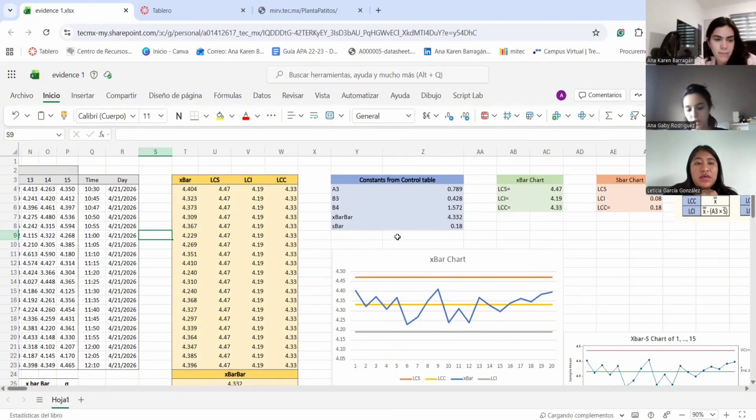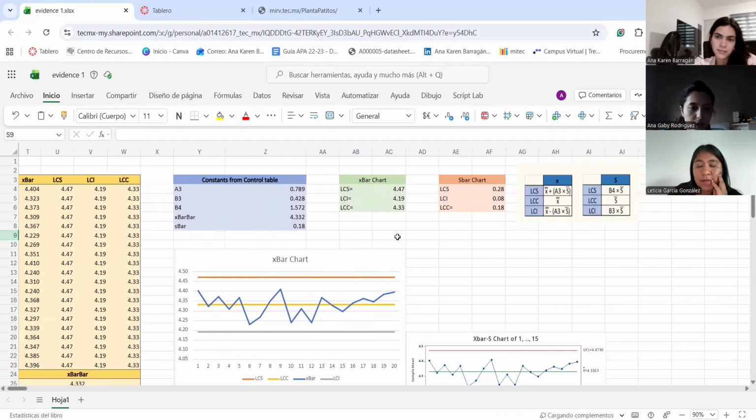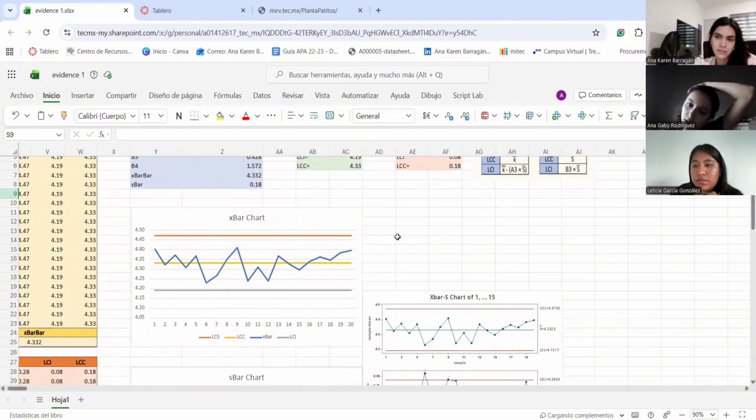The CP is more like how good the process is between the limits, and the other one focuses more on the center. So CP is how well the data would fit between the specification limits, and the CPK is how centered it is between the specification limits. And I think the CPK calculates the upper one and the lower one, and then takes the minimum, right?